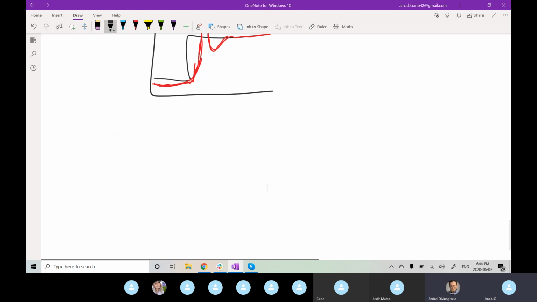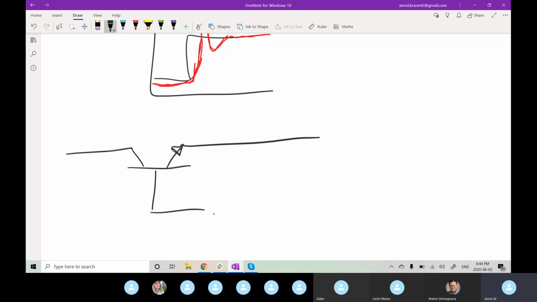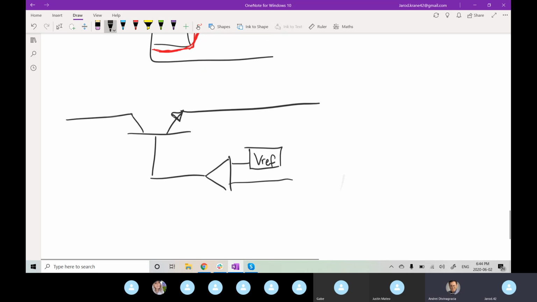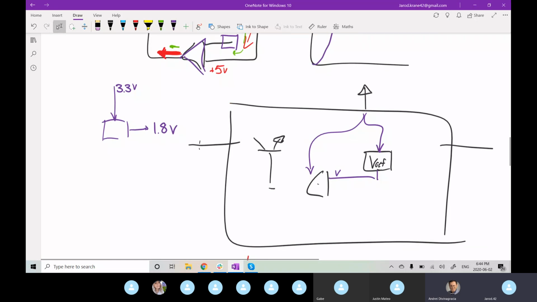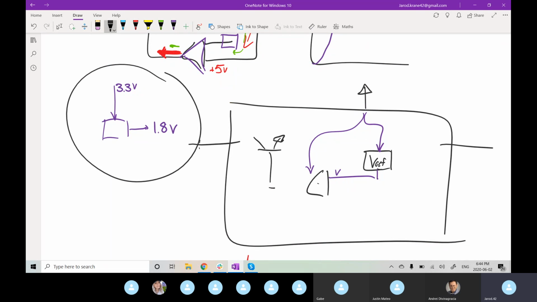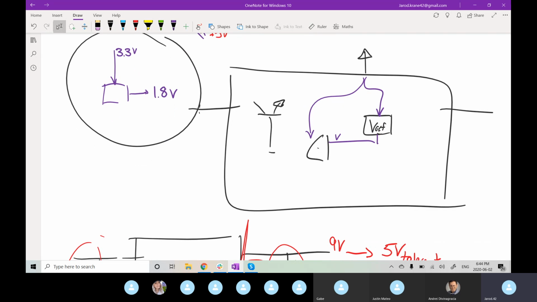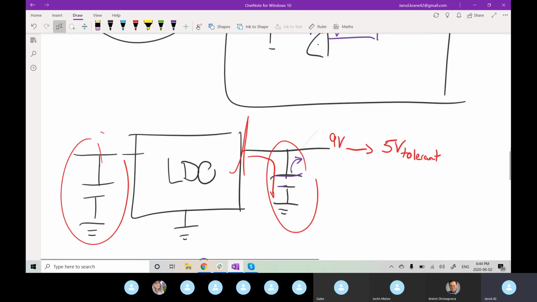Now, still on the fixed regulator, this VREF is one of these special small-voltage constant regulators.